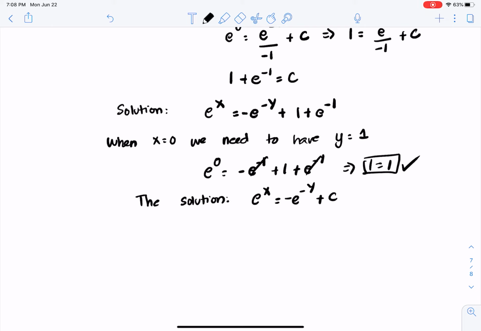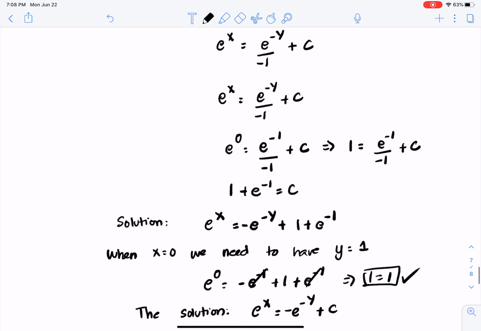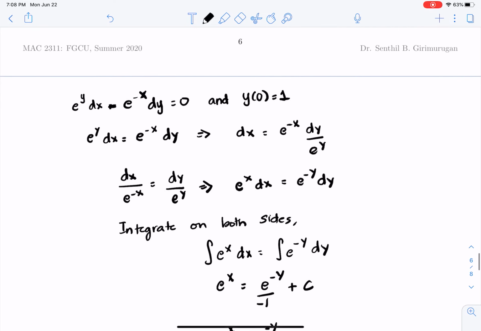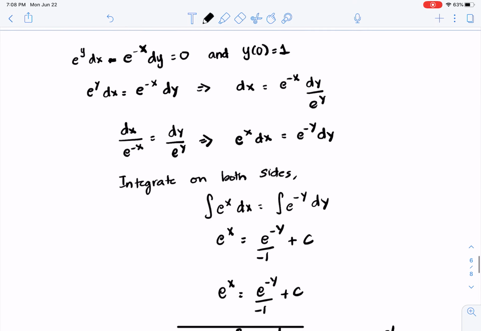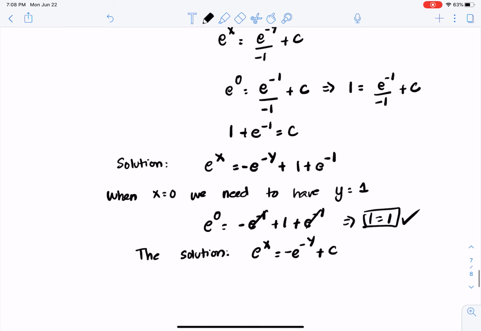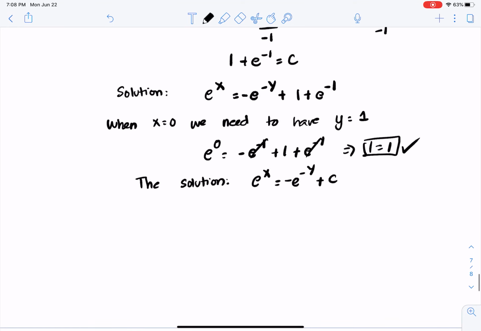And in this case, the existence interval should work, and it would work provided we go from 0 to infinity. I'll just say where c is equal to 1 plus 1 over e.